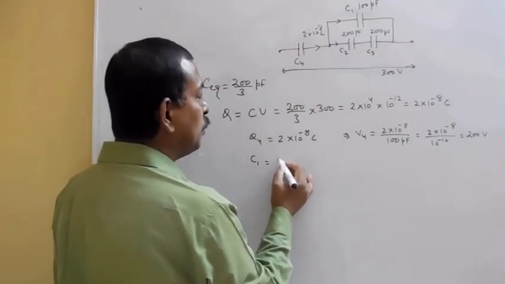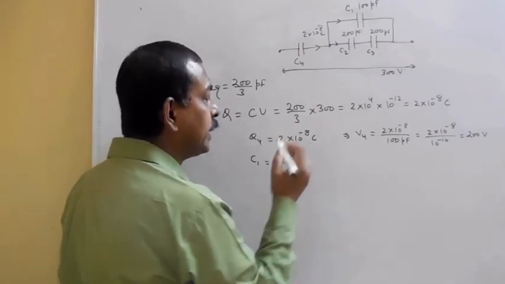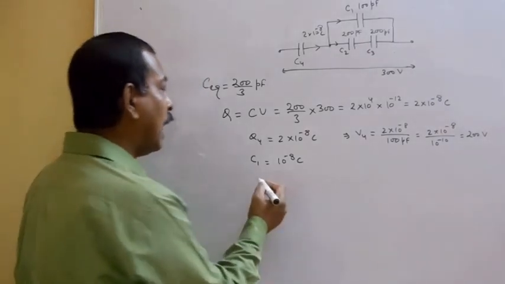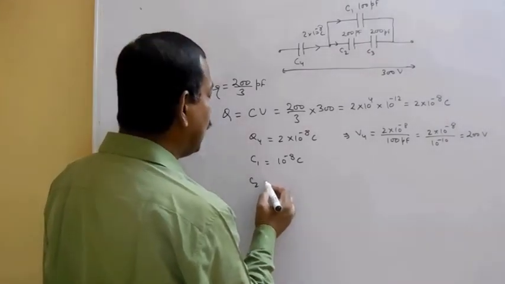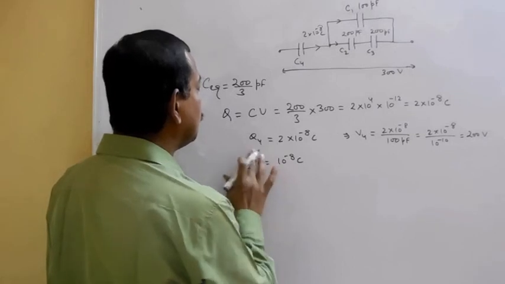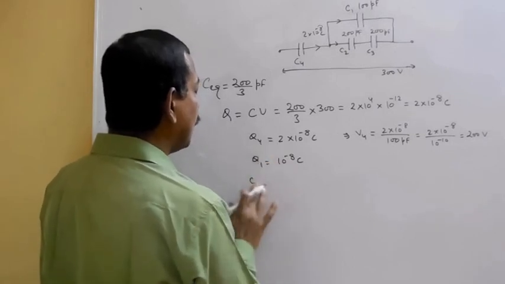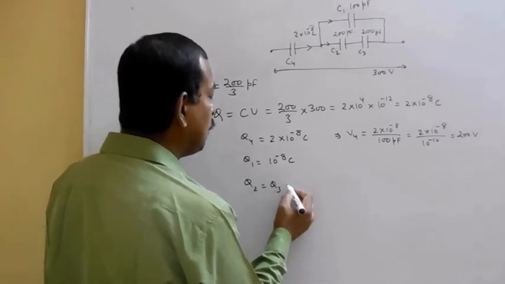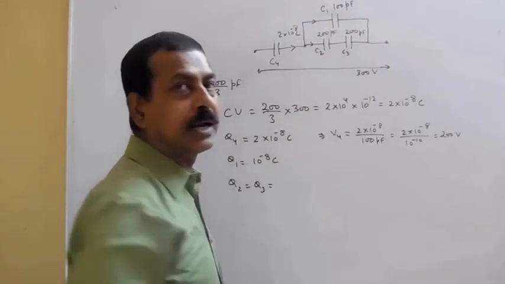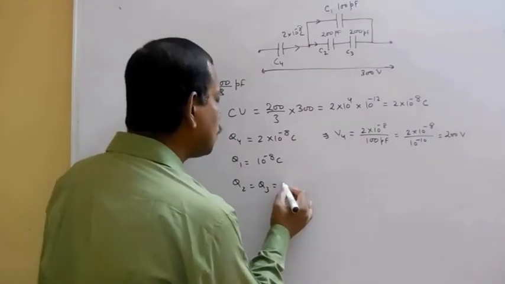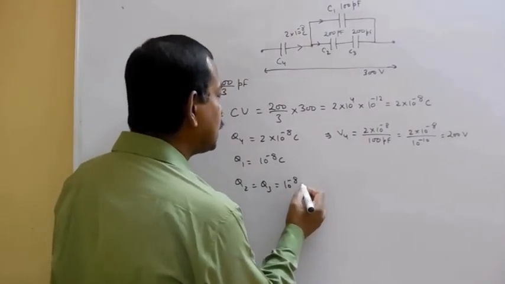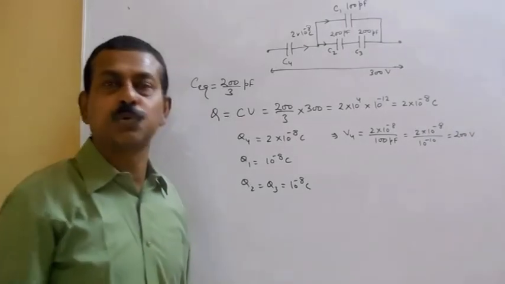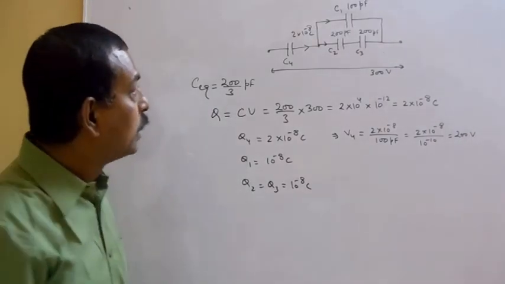So the charge through C1, Q1, will become 10 to the power minus 8 coulomb, and Q2 will be the same as Q3 because these two are in series, so this is also equal to 10 to the power minus 8 coulomb.